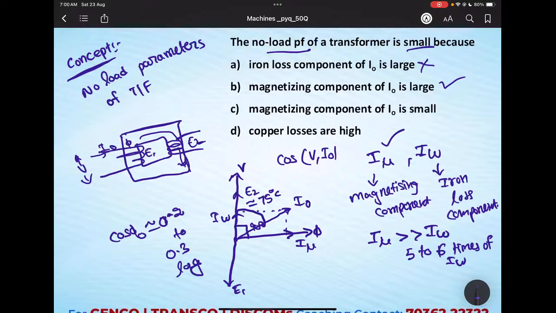We will see the other options also. Magnetizing component is small, no. Copper losses are high. At no load conditions, copper losses will come, but very less. So this option also is not correct. Is it clear? So our option will be B.